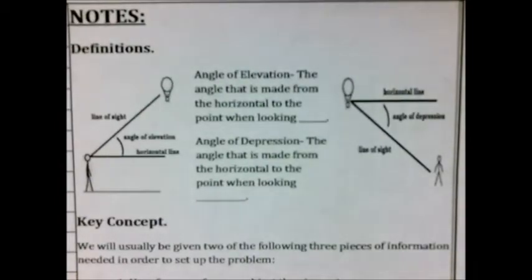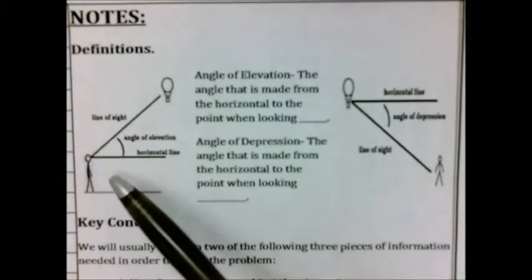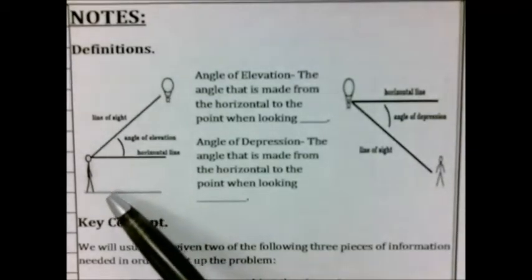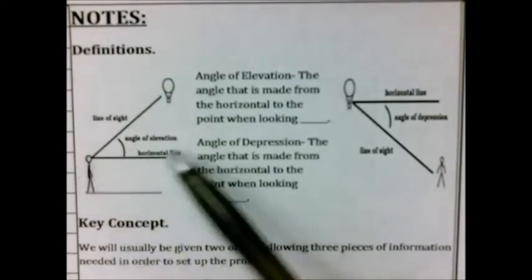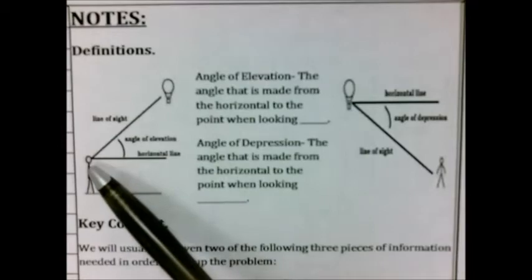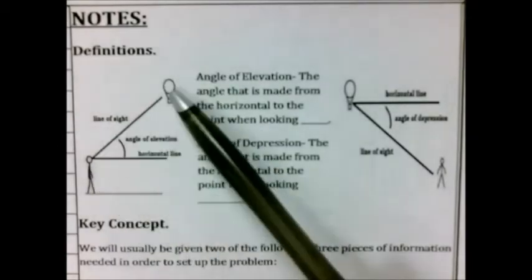First thing we're going to do is define the angle of elevation and the angle of depression. Angle of elevation, we can use this little picture over here, is the angle made from the horizontal line to the point where you are looking up.